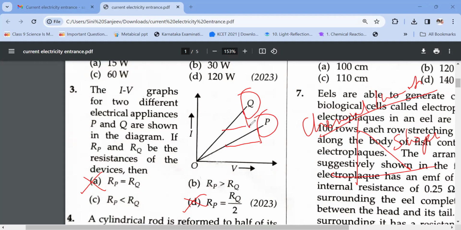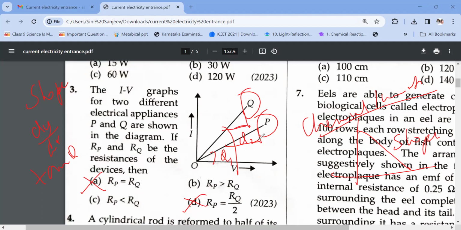Tan theta, dy by dx, gradient. Different names of slope are dy by dx, gradient, tan theta. So if I take this as theta 1, and this as theta 2.